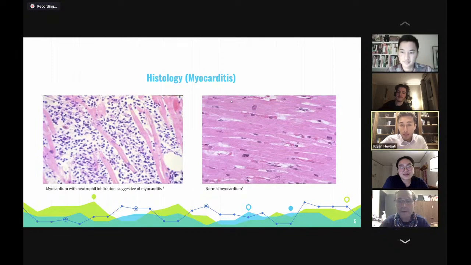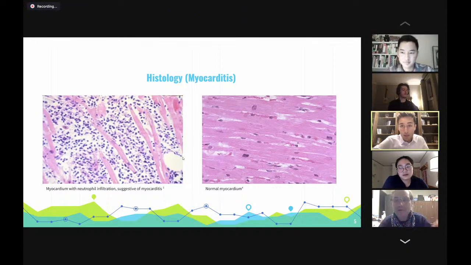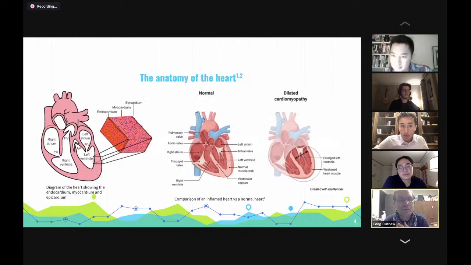As Anya mentioned with the different layers, you can also see it under the microscope with a stain called H&E. Let's backtrack one slide and show those layers a little bit more. There are three layers of the heart. The myocardium is that thick part in the middle.